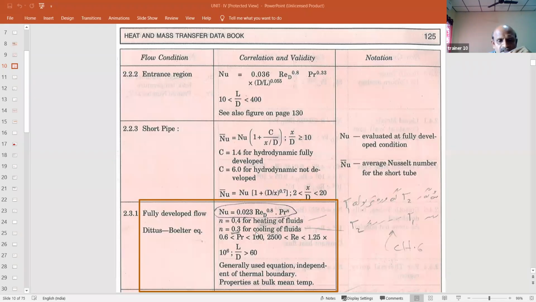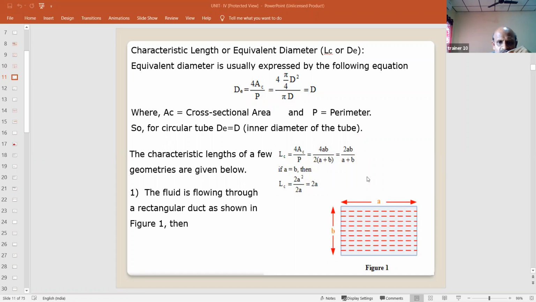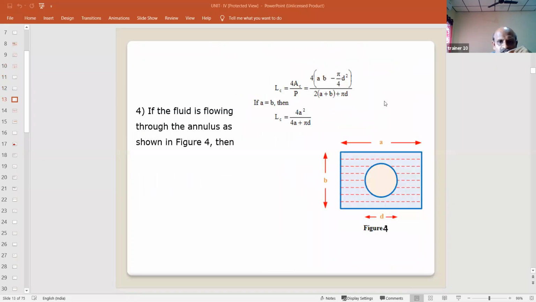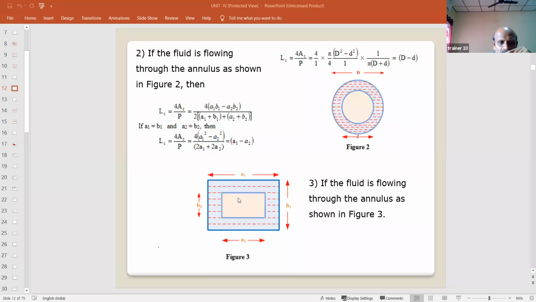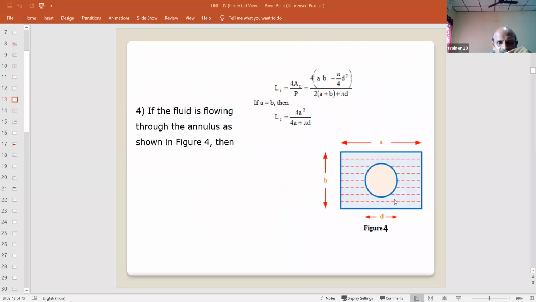If a formula is mentioned in the problem, then you have to use that formula only. So these are annuli. This is an annulus which has a circular cross section. Here the outer side is rectangular and the inner is a circular section. These are called annulus.